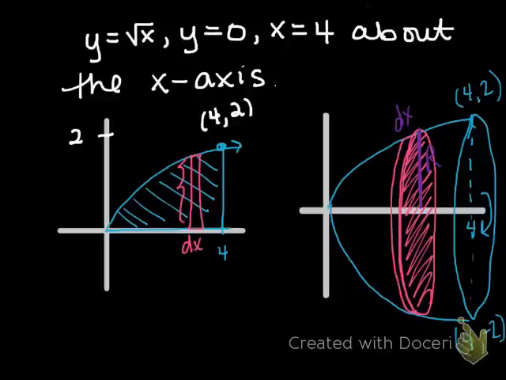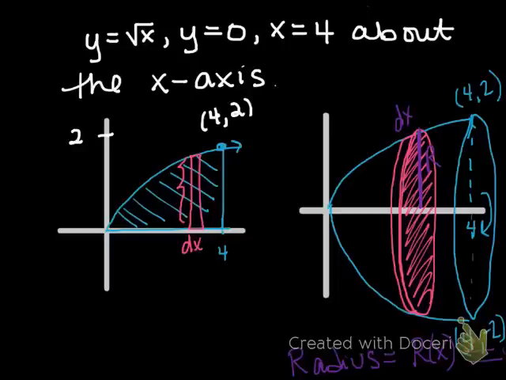I'm going to write down here that the radius is going to be equal to r of x, and that is just equal to our y top minus y bottom.